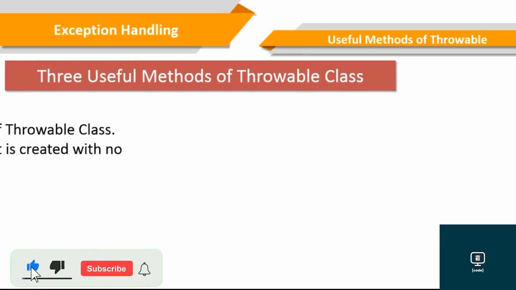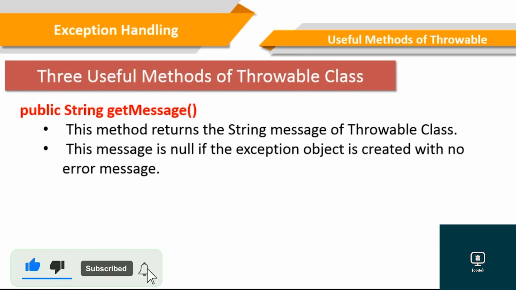The first one is the getMessage method, and this method returns the string message of the Throwable. This message can also be provided while creating the exception through its constructor. So this message is null if the exception object is created with no error message.